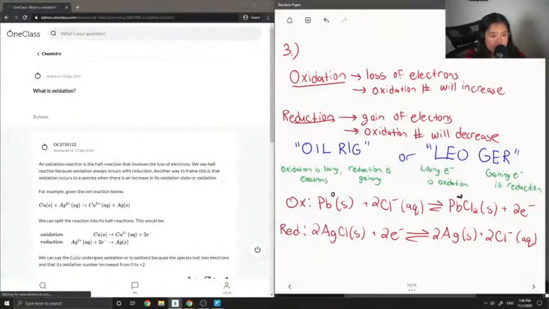It started off with a +1 oxidation number since it's bonded with a chlorine, and since the compound is neutral, that shows it has a +1 oxidation number. When it gains the electrons, the oxidation number decreases to 0.